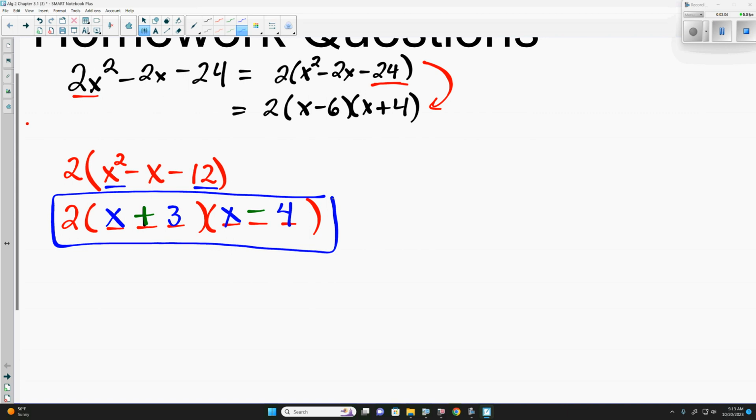I didn't write it up there, but we would need the statement that they did not factor the 2 out of 24 for the error. And then we do need the correct answer as 2 times x plus 3 times x minus 4. Actually, I take that back.